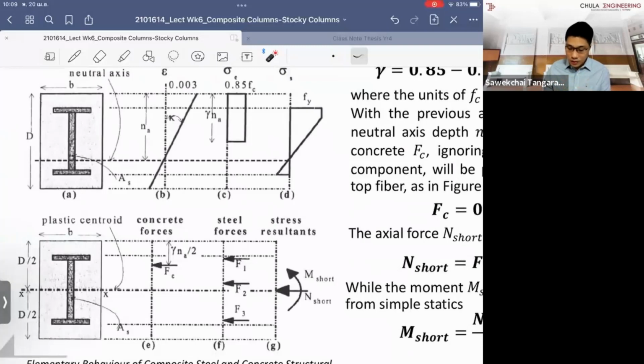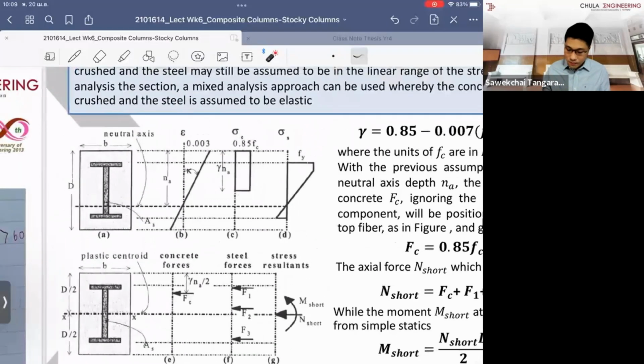When we talk about the neutral axis, sorry, not the plastic one, since this is an elastic plastic, so it's not a rigid one, we call it the neutral axis. What is the meaning of the neutral axis?